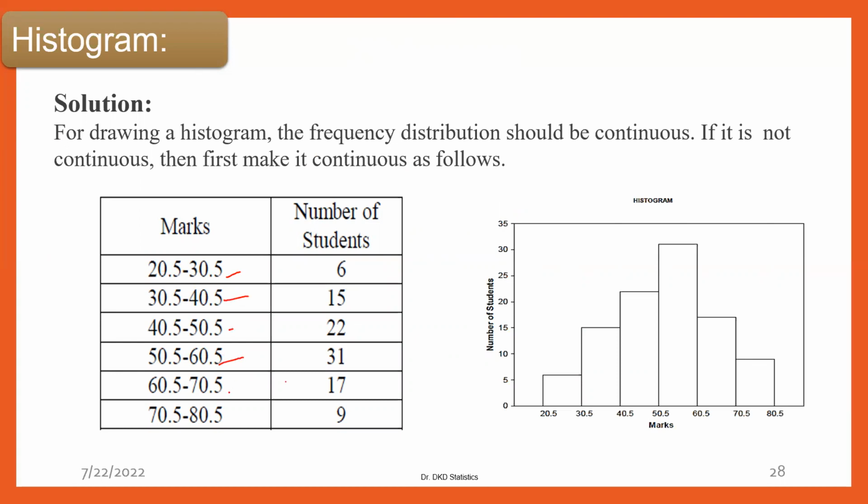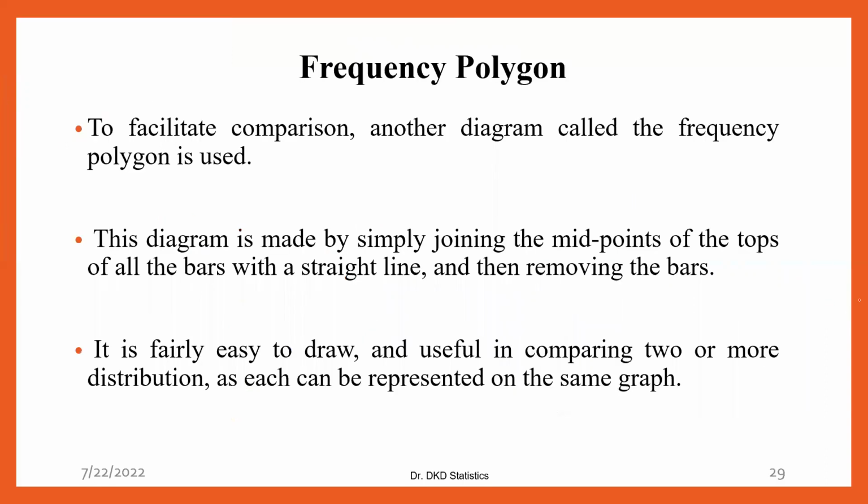Then we get the continuous class interval, known as the exclusive type of class interval, and the corresponding frequency is given. Once we have this exclusive type of class interval, we can create the histogram, which is very important. Now, the next point is the frequency polygon.